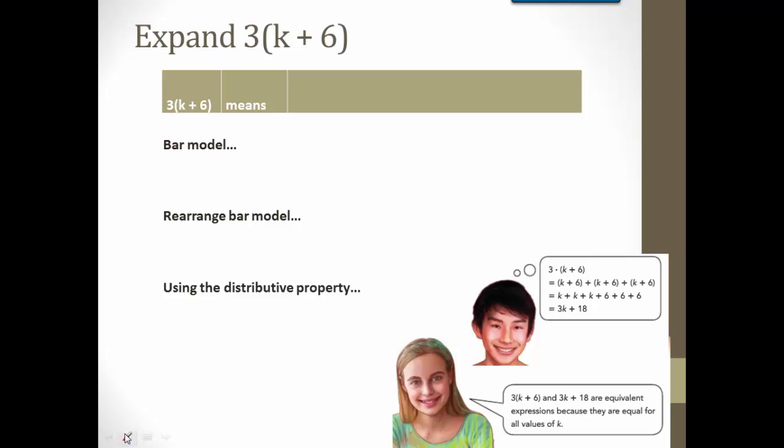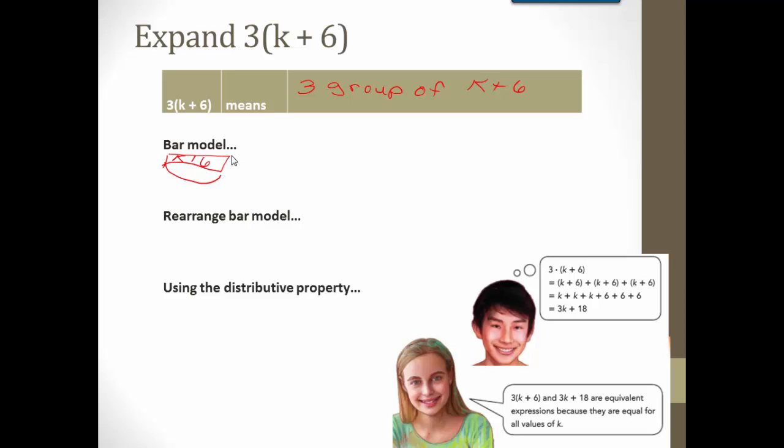Now let's expand 3 multiplied by k added to 6. What does that mean? It means 3 groups of k plus 6. Let's draw the bar model. Okay, here's k, here's 6.